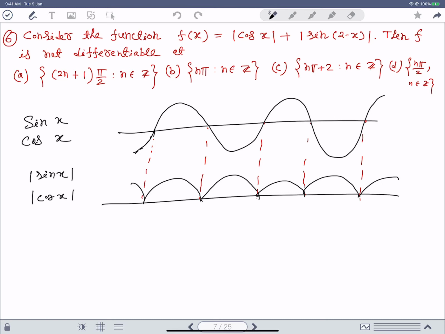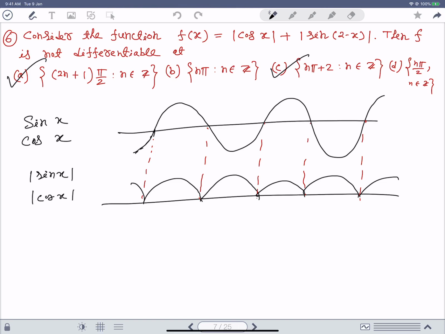Again, we know that cos of (2n plus 1), an odd multiple of pi by 2, is 0. So, here we will have a reflection and also here we will have a reflection. Therefore, on these 2 sets, the function will not be differentiable, right? Fine. Many of you have already given the answer, so I think it is fine with everyone, right?